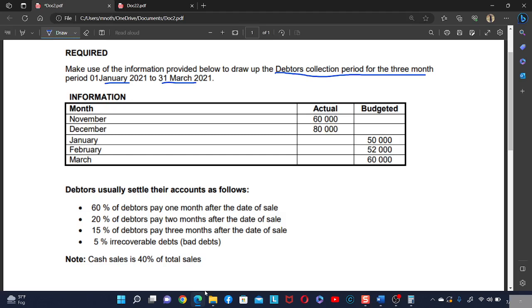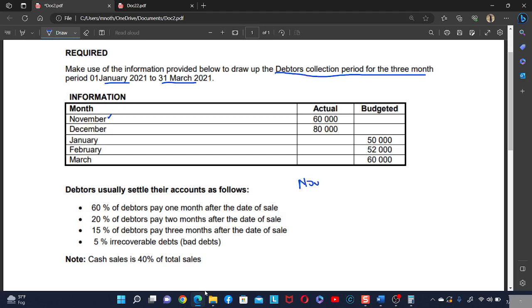60% of debtors pay 1 month after the date of sale, and then 20% pay 2 months after the date of sales. Now let's start here with November. Let's say that November right now is a month of sale.